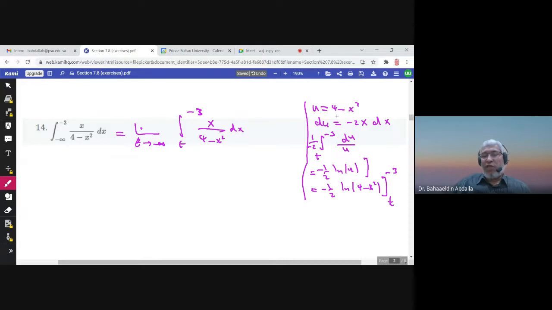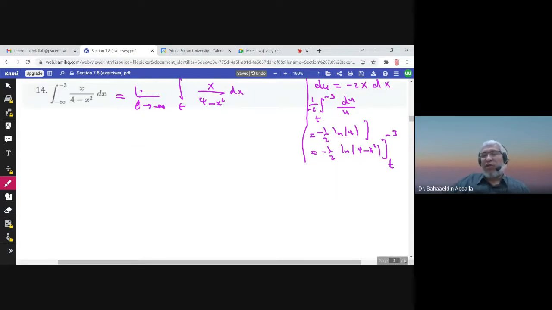If you want, you can change the limits of the integral, but I will do it like this. So I have negative half ln, if I replace x by negative 3, 4 minus 9, negative 5, absolute value, it would be 5, minus, so it would be plus half ln absolute value of 4 minus t squared.